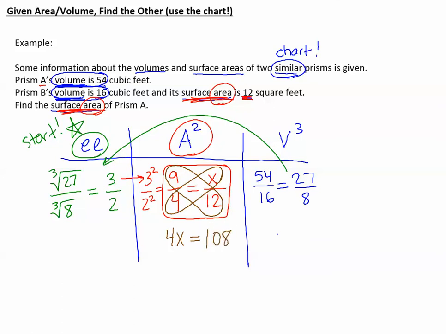And then to complete the solving, I need to divide both sides by 4, and therefore x equals 27. So what is the area of prism A? 27 feet squared. Remember, area, square units.